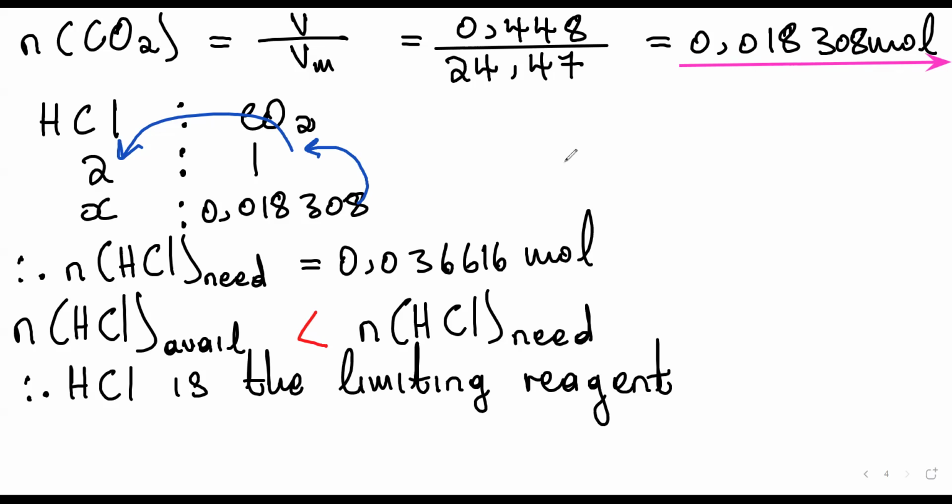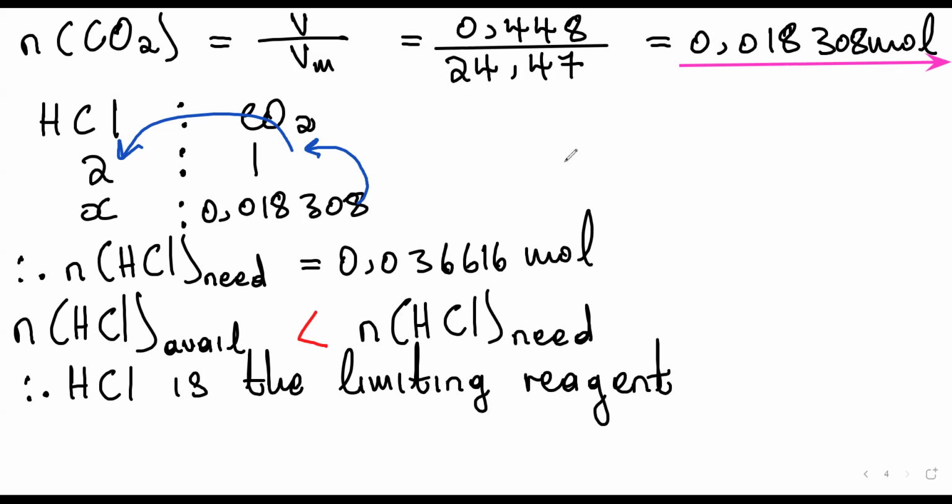So the first step is we find the moles. Second step, the ratio. Then third step is comparing. If needed, do we also do the finding the x's after comparing and finding the limiting reagent if you want.